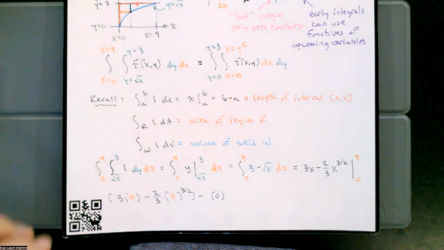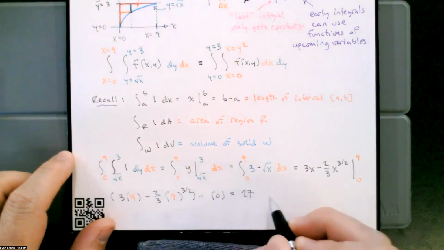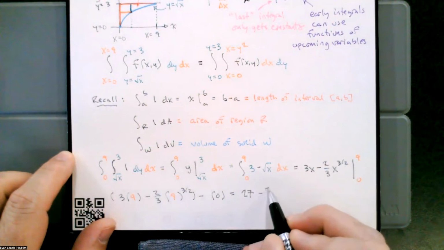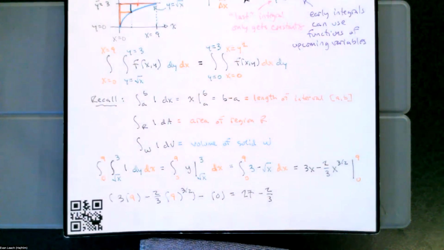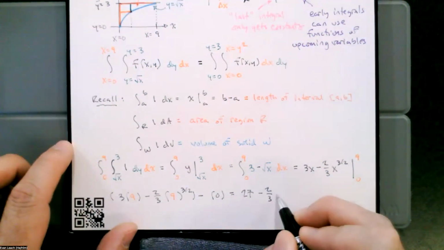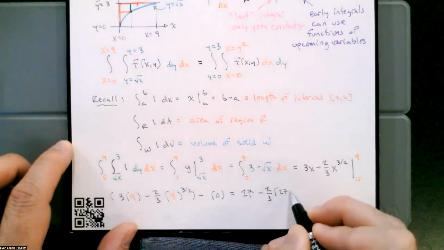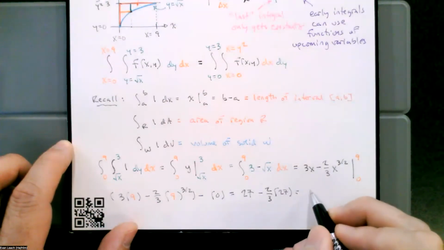So 3 times 9 is 27 minus 2/3 of 9 to the 3/2. The square root of 9 is 3, cubed is 27. So 27 minus 2/3 of 27 is 1/3 of 27, or 9.